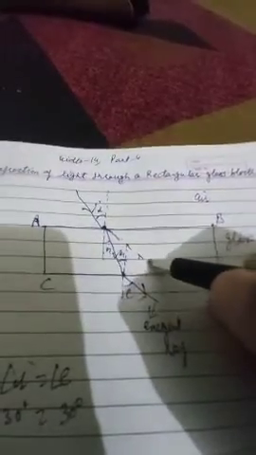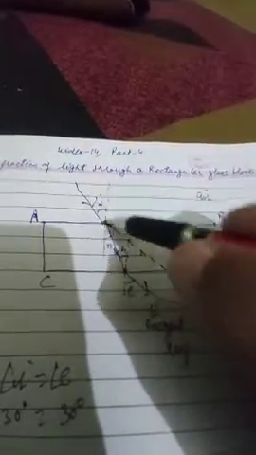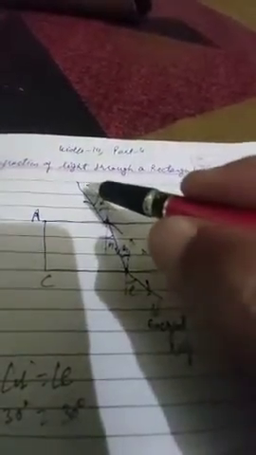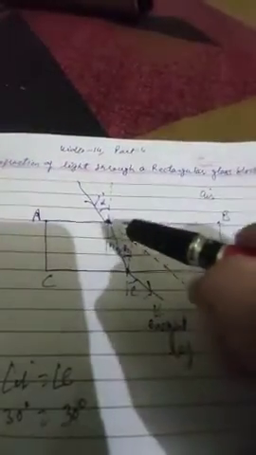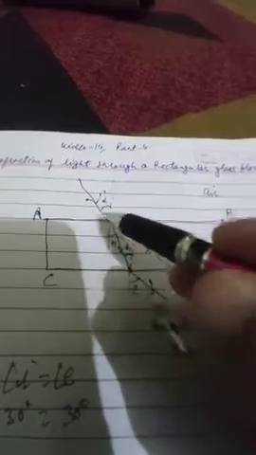Now if you draw this line, the incident ray produced in the forward direction. If you produce the incident ray in the forward direction, means if this rectangular block would not be there, the path of the incident ray will be straight.